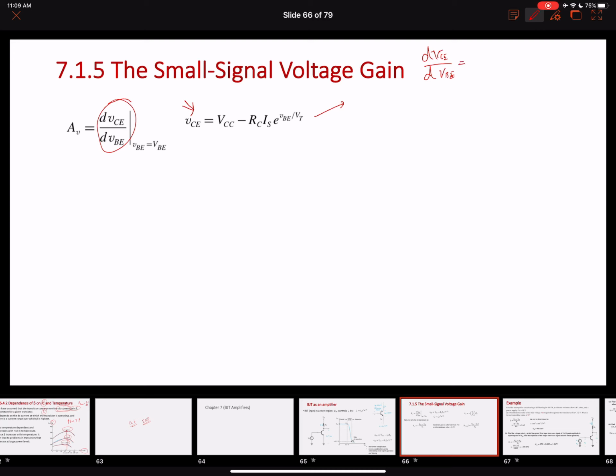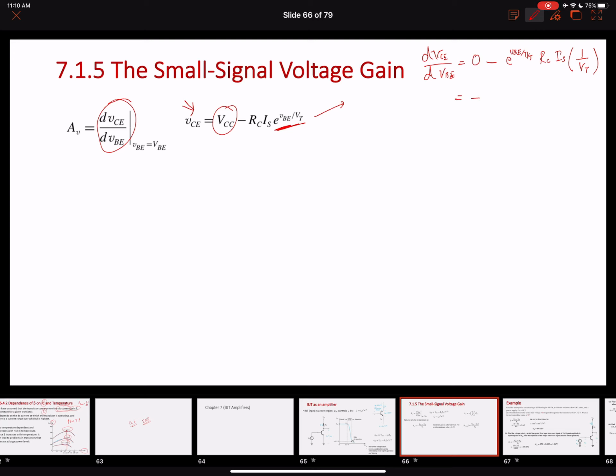equals, if I take a derivative of this term with respect to VBE, this will be 0. If I take a derivative of this with respect to VBE, it will come out to be e to the VBE over VT as is. My multiplication factors are as is, and the derivative of VBE over VT will be 1 over VT.